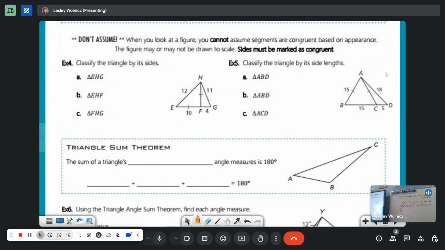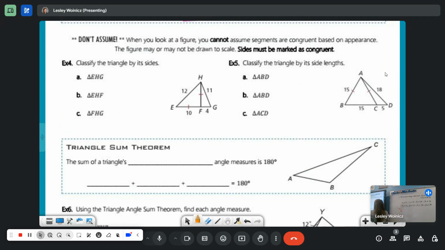So if I draw you a beautiful, what looks like isosceles triangle, it might not be isosceles. It's only for sure isosceles if it's specified in writing or if it's marked where the sides are congruent. Is that clear to everybody? We don't get to assume just because it looks like it. All right.